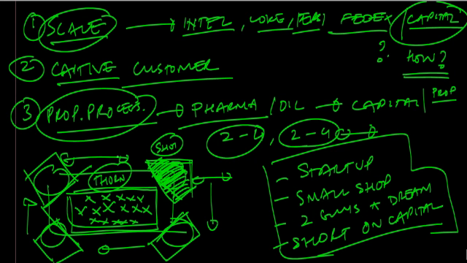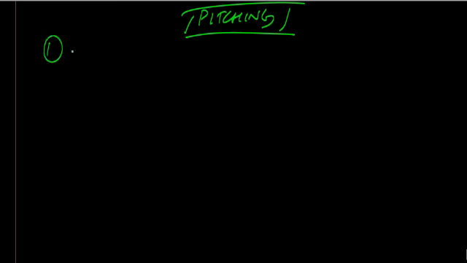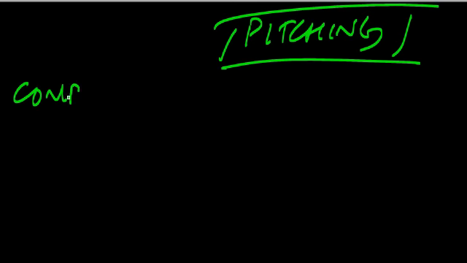Okay, right. So now, from a presentation point of view, then, what I would recommend is that when it comes to present, and now we go back to pitching, you have to very clearly understand and document what exactly is your competitive advantage.